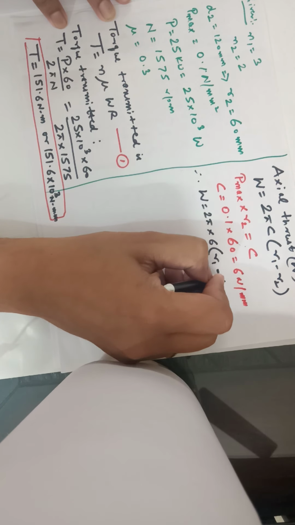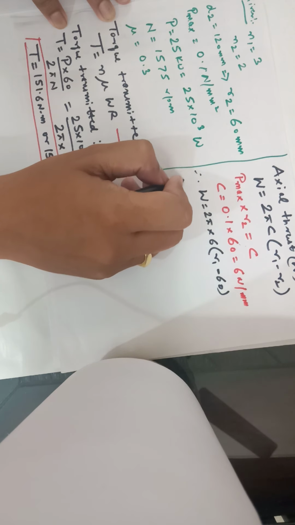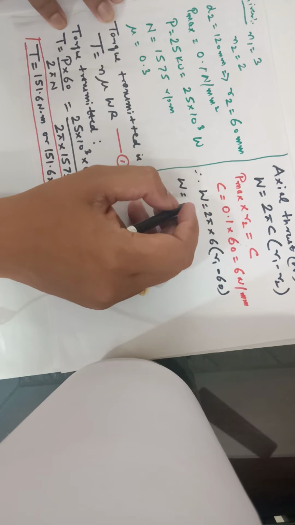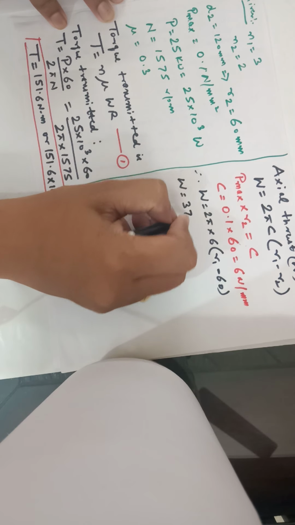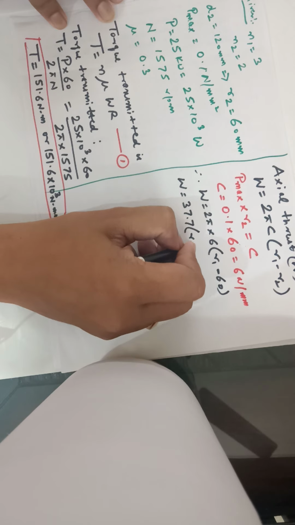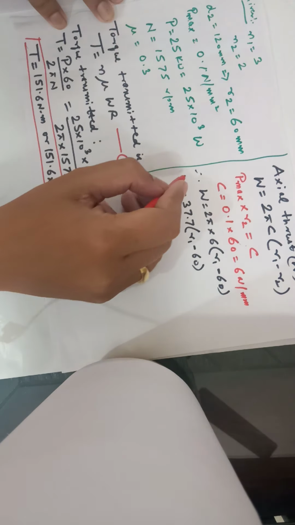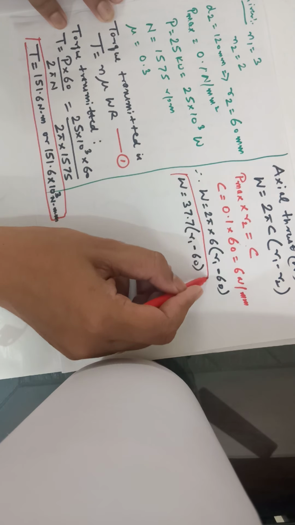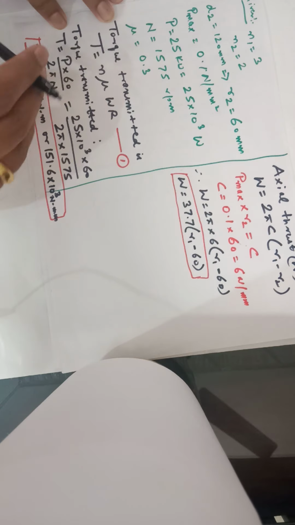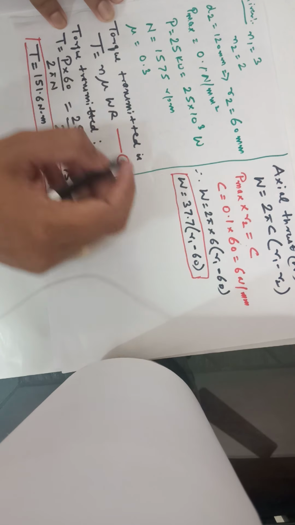So the value of W will be 37.7 into r1 minus 60.